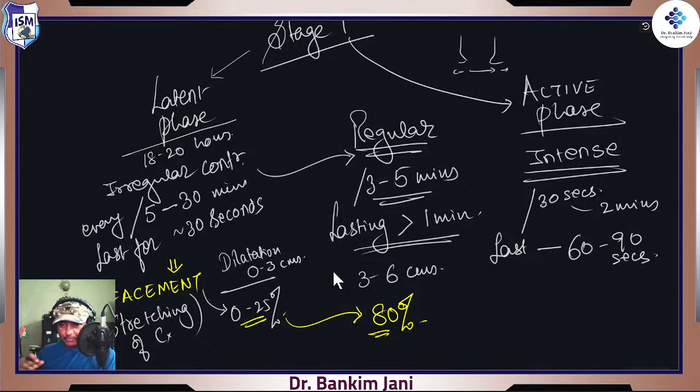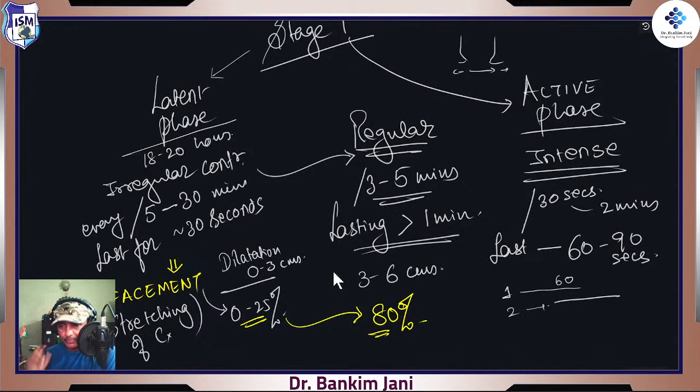It means there would even be overlap of two contractions, right? Because one contraction has come and it is lasting for, let's say, 60 seconds. The second one started just after 30 seconds only. So that second contraction has overlapped the first one. So that's how it goes.